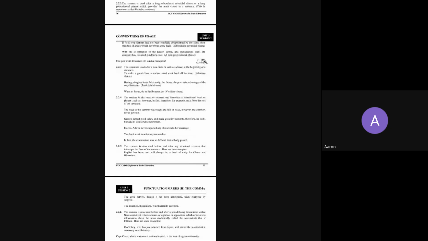Okay, so when you look at 2.24, there is an example there. Yes, hard work is not always rewarded. So indeed, Adjoa never expected any obstacles to her marriage. So indeed, there is a comma and it continues like that.